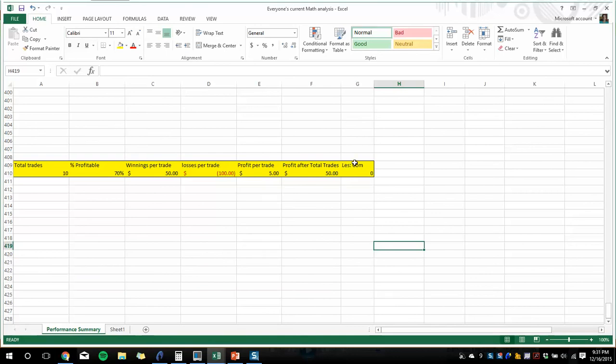This is minus commission. My commission is $5 a trade per futures contract. So, assuming you're trading one contract, you can see right here, I have to be 70% profitable at 0.5. If I make $50 on every winning trade and lose $100 on every losing trade, at 70% I will break even.